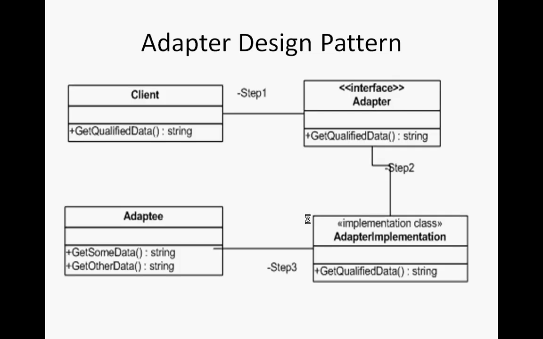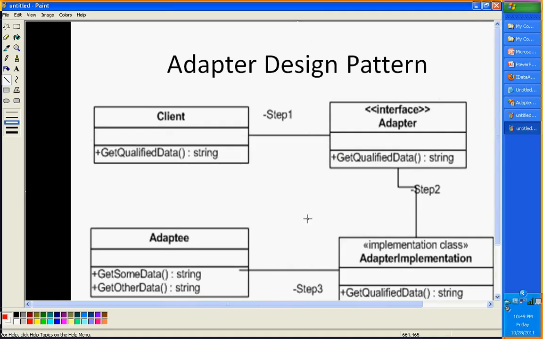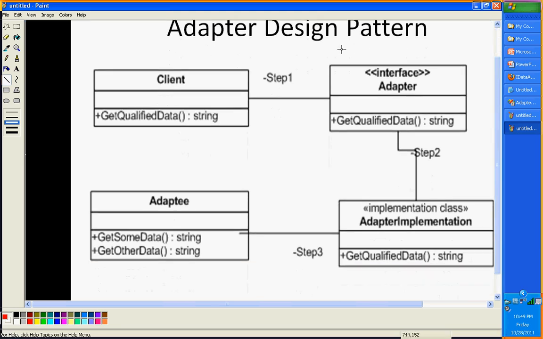I am going to explain the UML diagram, where we can understand better. This is my UML diagram for the adapter design pattern. The client wants to use some logic from this class. It has some logic, get some data and get other data.